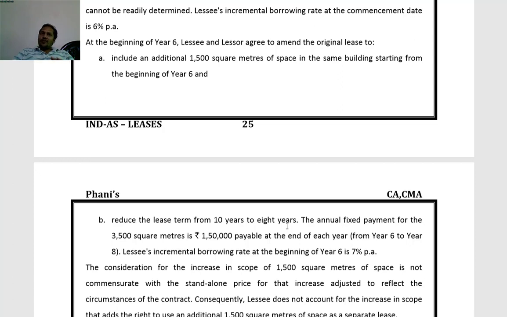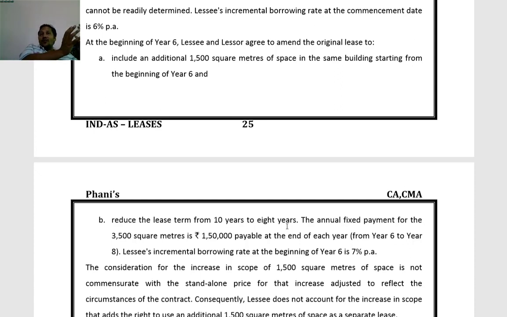So, without incorporating the additional lease rent, if 1 lakh is there and only the time duration is reduced from 10 to 8 years, then for the remaining 3 years with the original amount of 1 lakh and original discount rate of 6%, we can calculate the liability for the next 3 years with original terms.